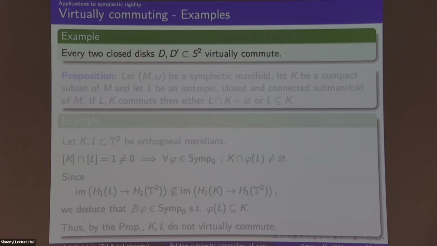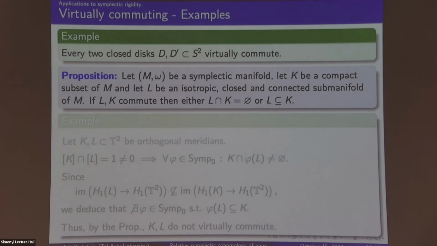We proved a proposition, and the proof is elementary, just a few sentences. The proposition says the following: given a closed symplectic manifold M, a compact subset K of M, and an isotropic closed connected submanifold L, if L and K commute, then there are two options. First, that they are disjoint, and the second is that L is a subset of K.